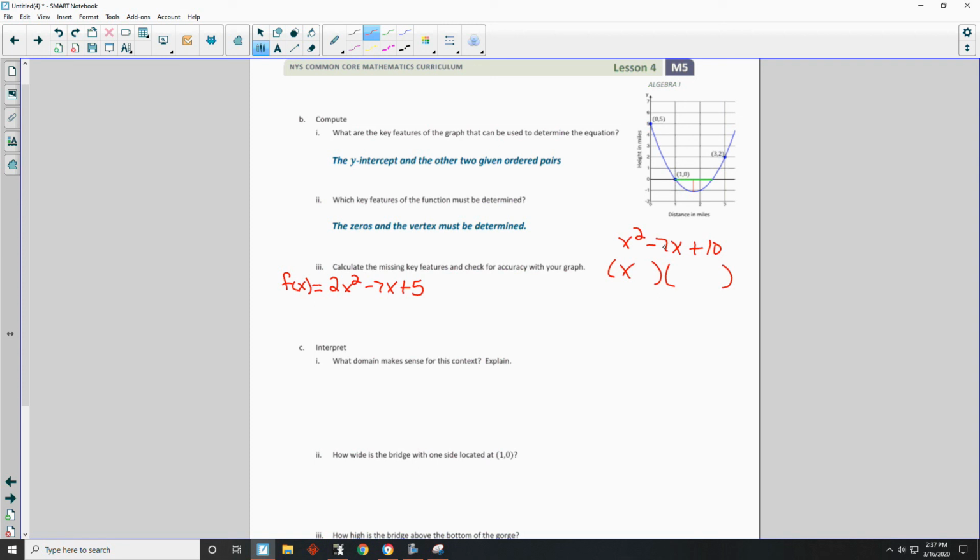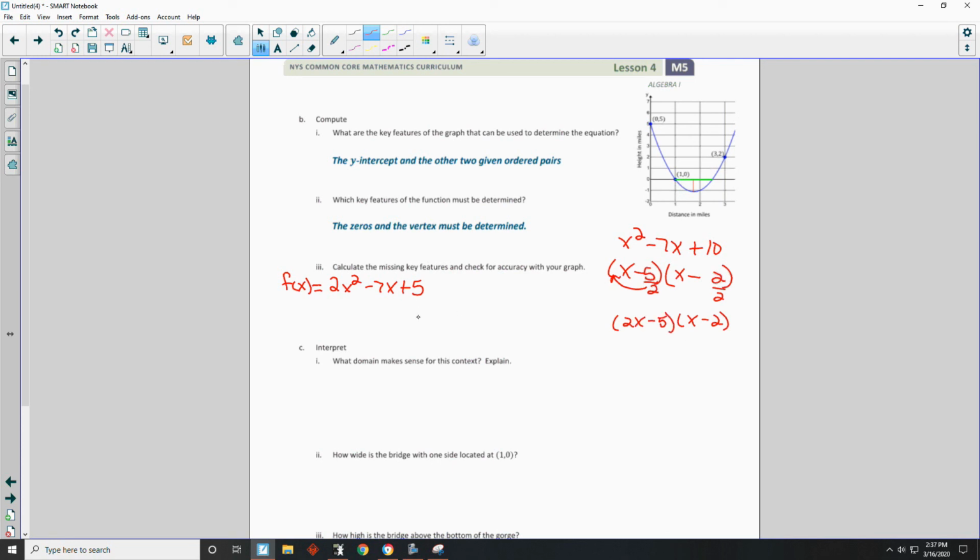So factors of 10 that add up to 7 are 5 and 2. 5 times 2 is 10, 5 plus 2 is 7. They both need to be negative because a negative times a negative is positive, and a negative plus a negative is negative. But I multiplied by 2, so now I need to divide by 2. And when you divide by 2 and you get an integer, you're all done. But if you don't, then that's your leading coefficient, 2x minus 5.